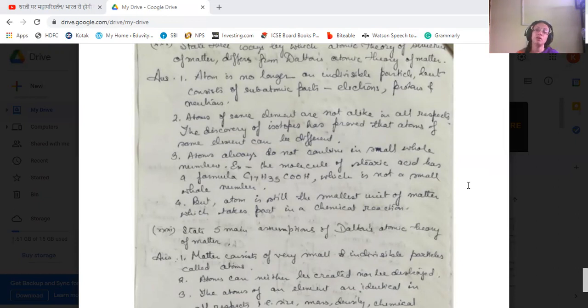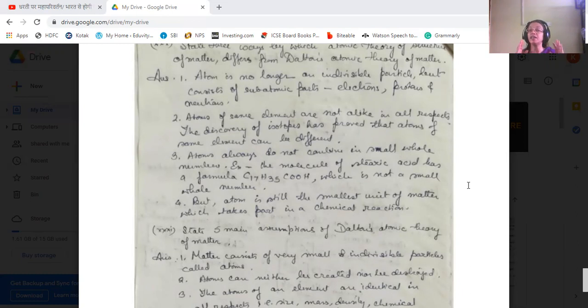He said that atoms cannot be divided further. But according to the modern theory, atoms can be divided into subatomic parts like electrons, protons, and neutrons.